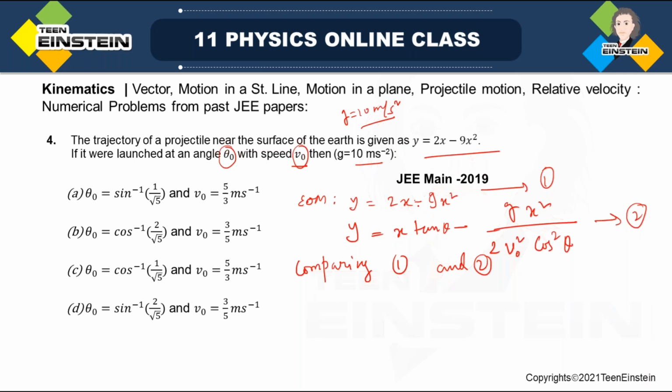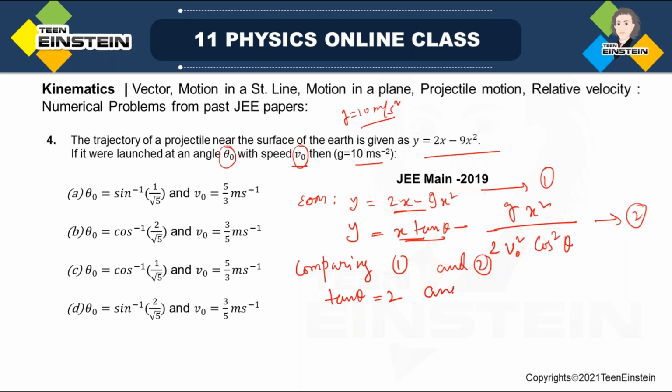See, comparing this part, 2x minus 2x, so this is resembling this. So the x is common in both cases. So tan theta can be written as 2, comparing 1 and 2. And what else can we write?